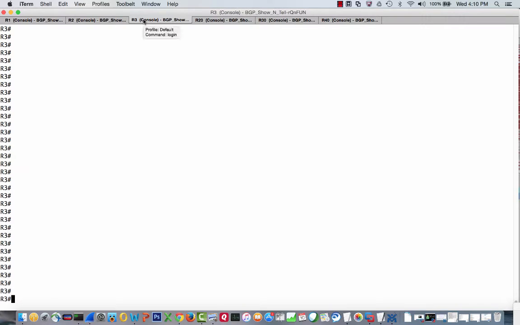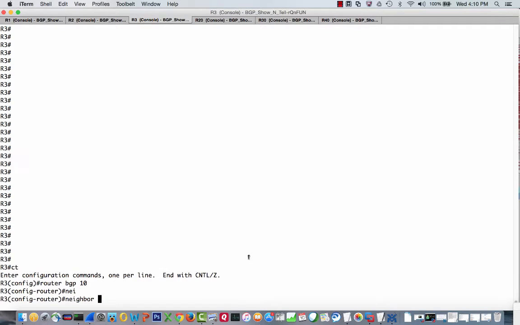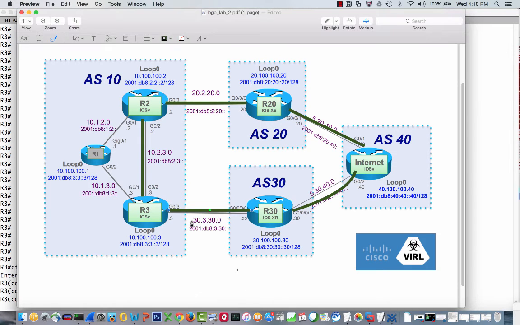We're going to do a config t, router BGP 10, and a neighbor. If we come over here, it is 30, and 3 is router 3, which is on the left, and 30 is router 30 on the right. Fourth octet is 30.